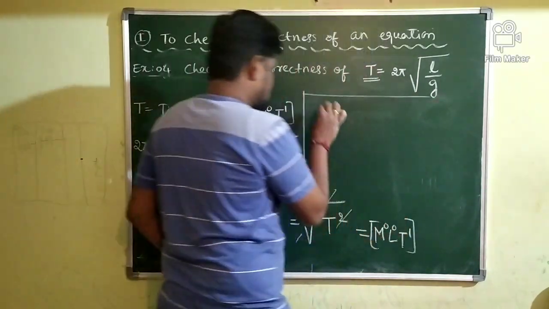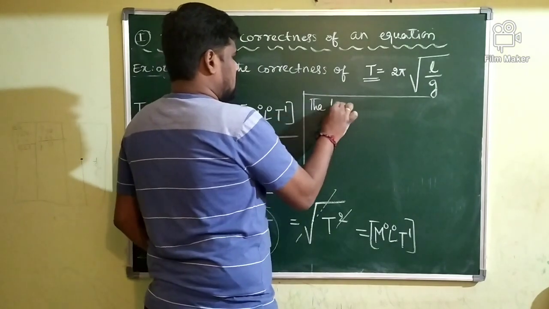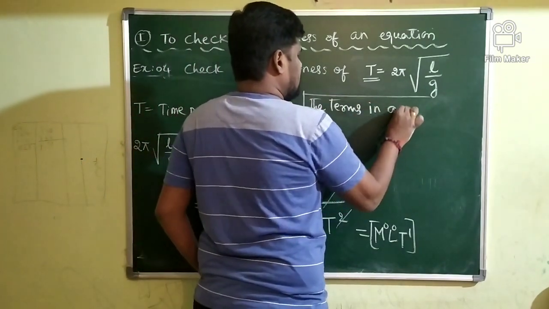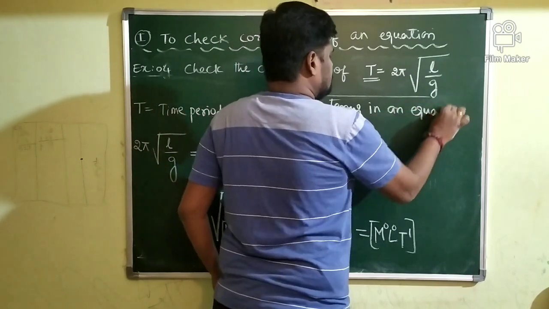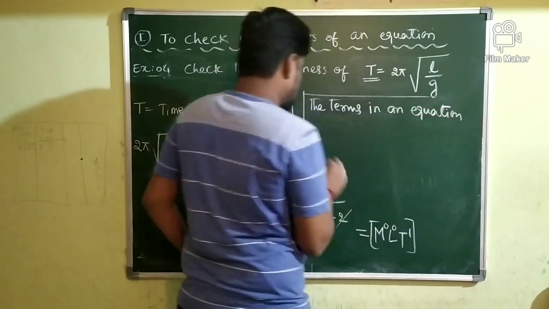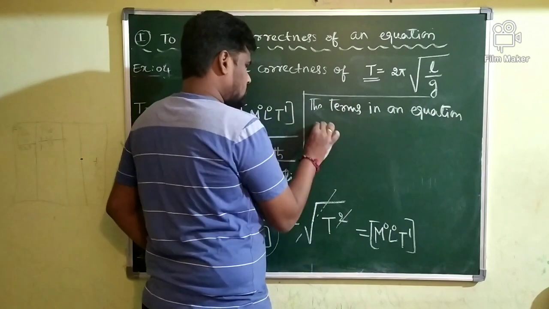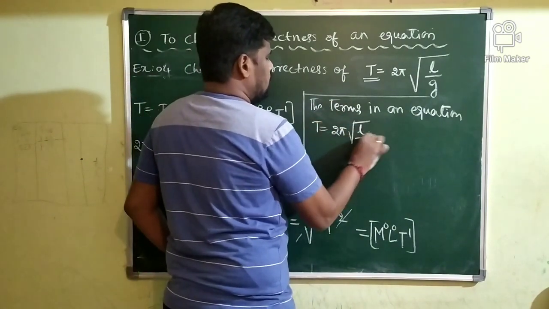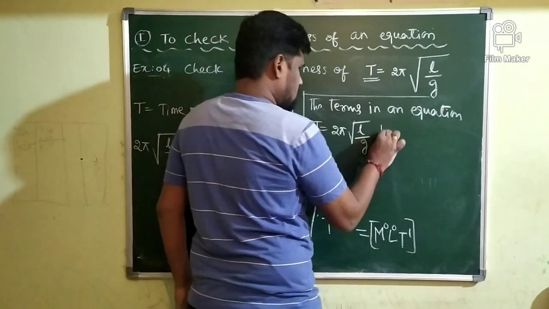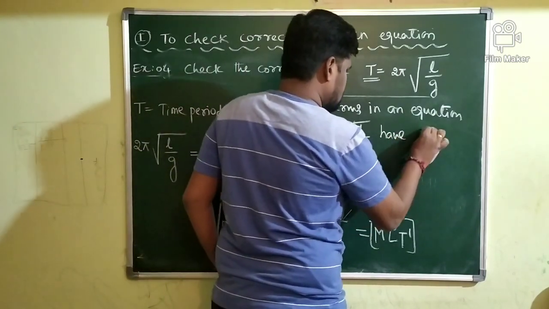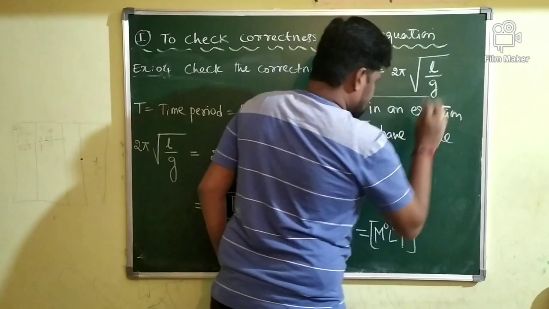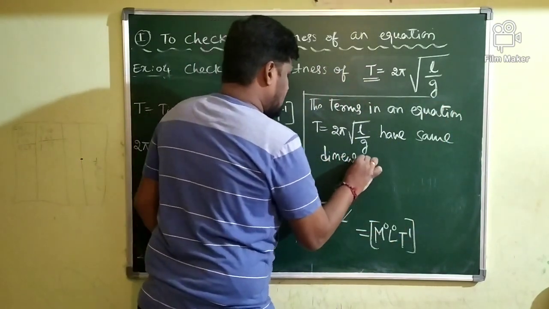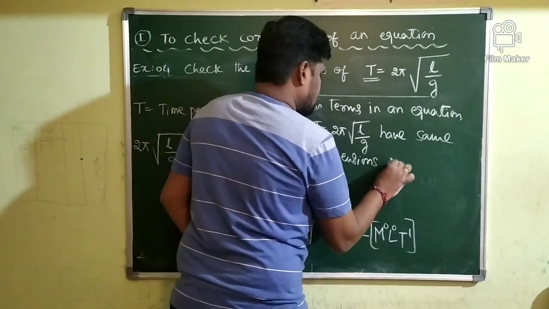What can I write now? The terms in an equation, T equals 2π under root of L by g, have the same dimensions.